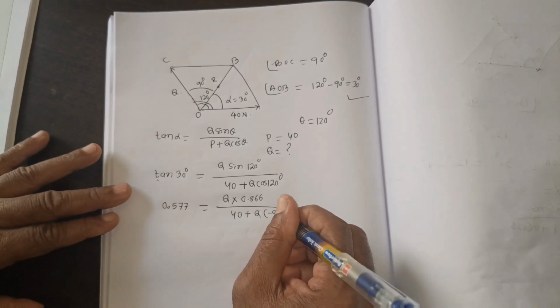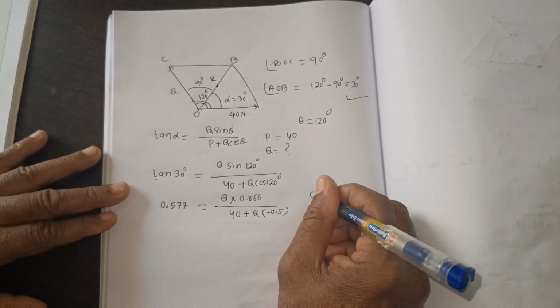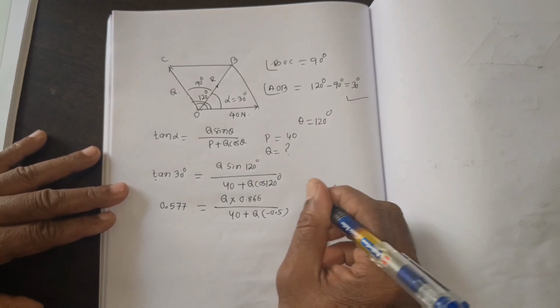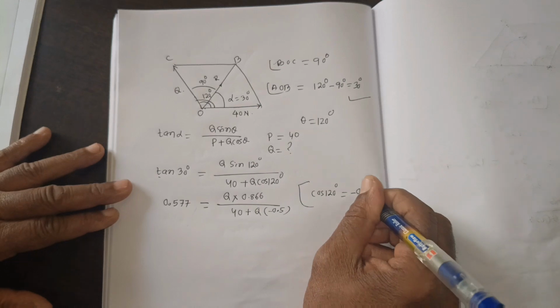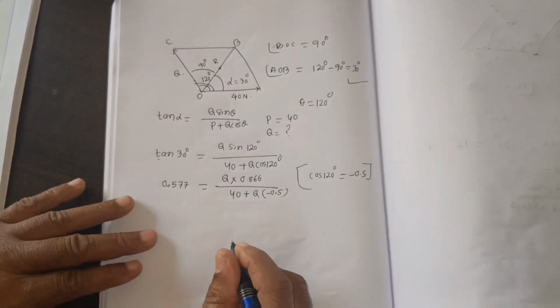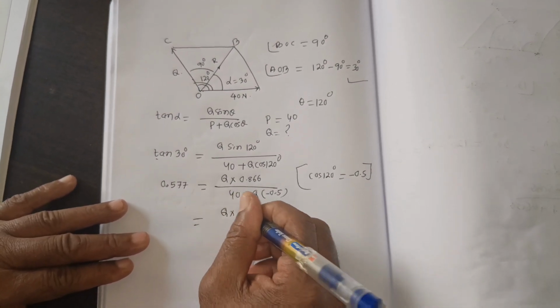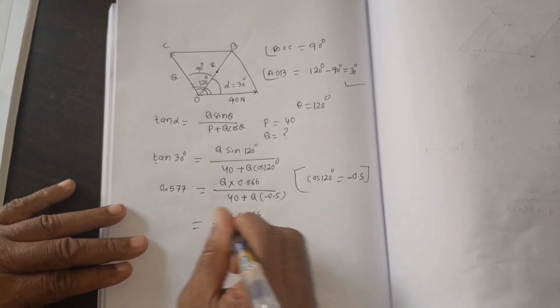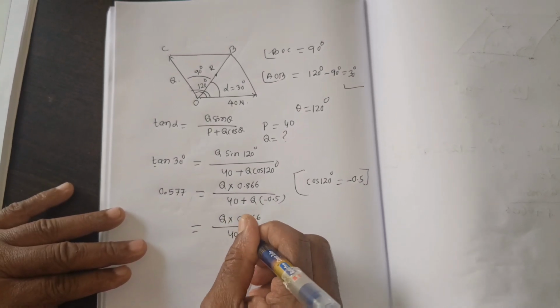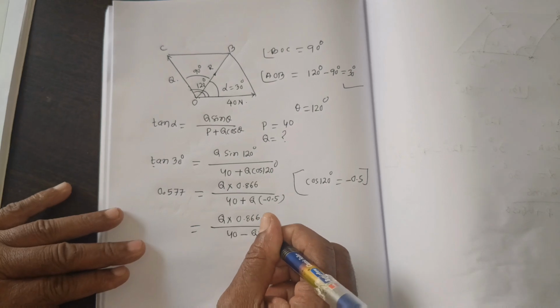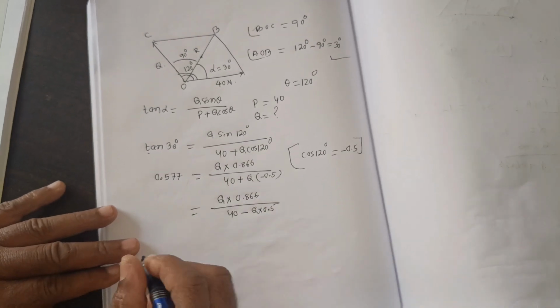into minus 0.5, because cos 120 degrees is equal to minus 0.5. Therefore, this value becomes Q into 0.866 divided by 40 minus Q into 0.5.